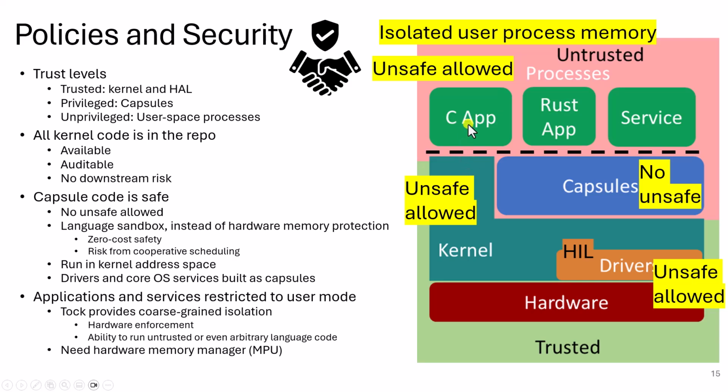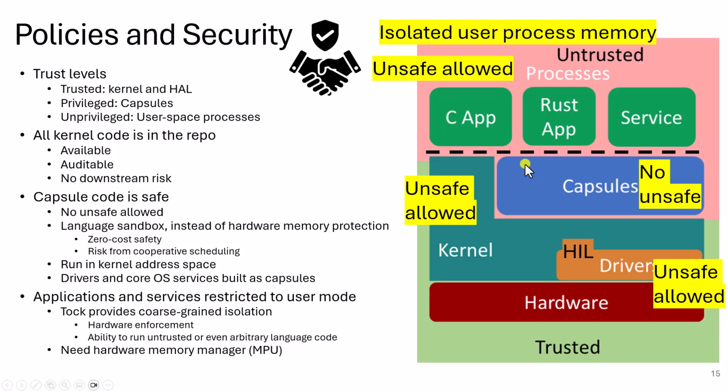One of the reasons they are completely untrusted is because unsafe is allowed, since you can have whatever programming language you want running here and accessing memory. That's also why, for this part above the kernel, it's important that the processor has a hardware memory manager to be able to manage the memory on there. So these are the broad categories of how the policies and security are implemented through Rust traits and through safe and unsafe code.